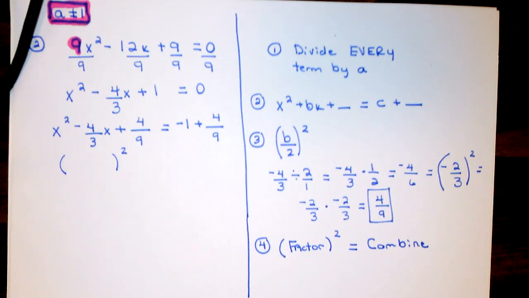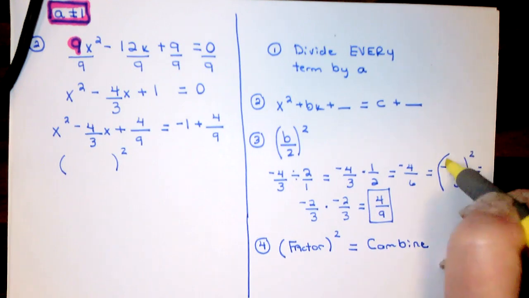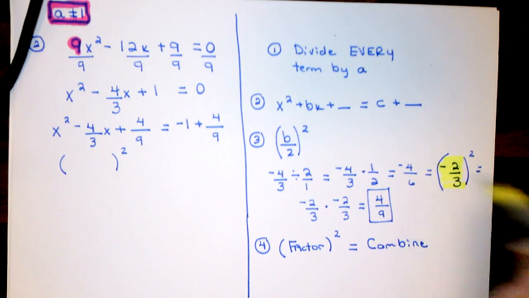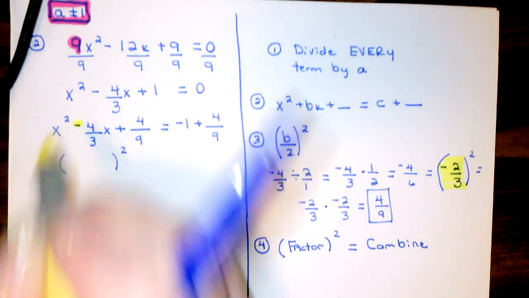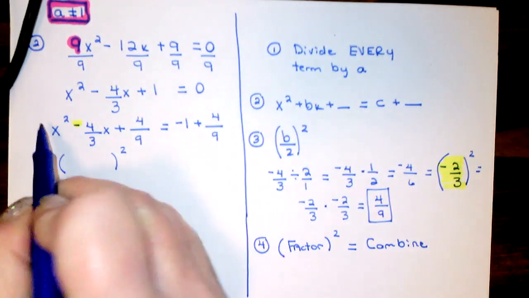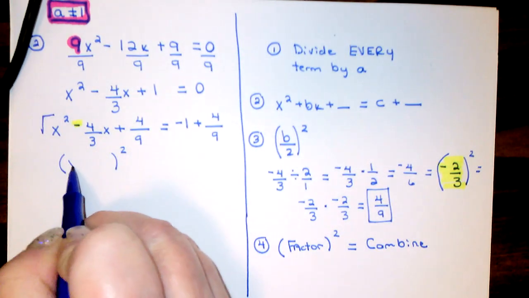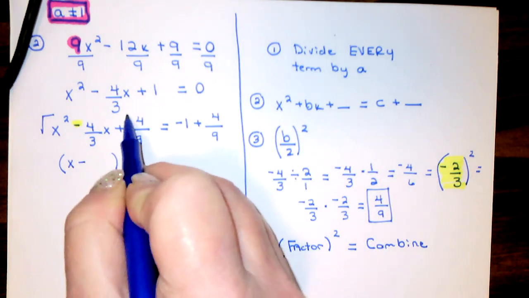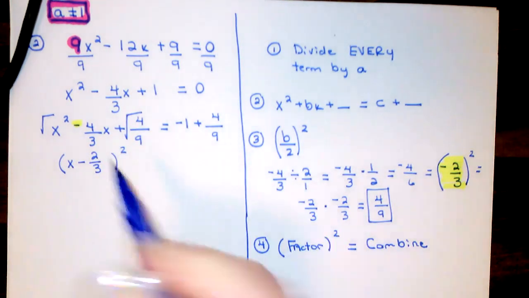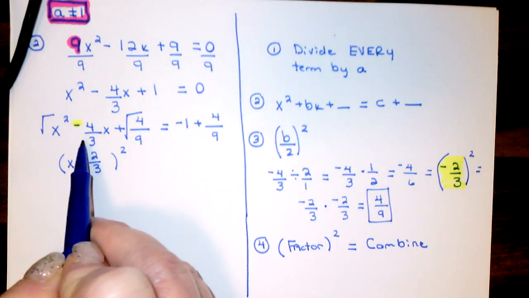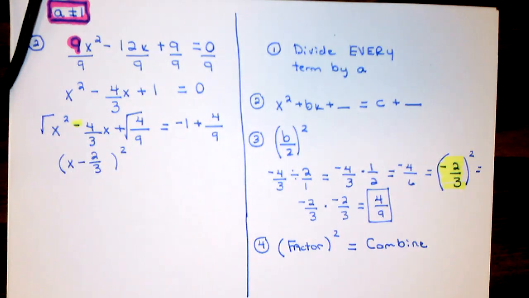If you recall, while ago when I told you about the factoring, it's going to go back to this part right here when you're factoring it. So you're going to take this sign, and it's kind of like taking your square root, x minus 2/3. And you can see that a negative 2/3 plus negative 2/3 would give you the negative 4/3 in the middle.